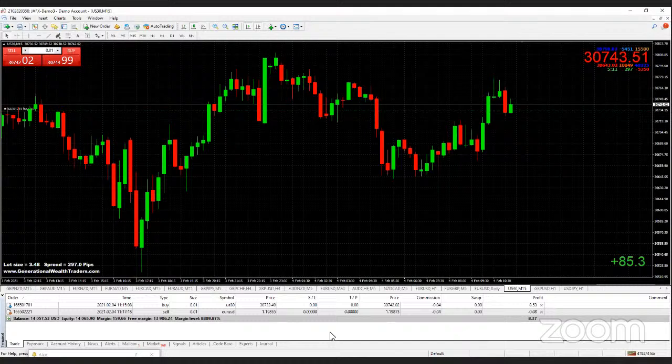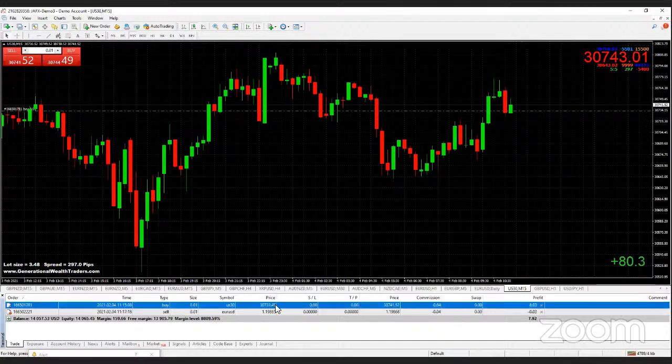Let's do this. So that is the current price now. You can see that is changing. Let me just highlight that row. So there are 2 rows here, because I've entered 2 trades. There is the one for the US 30, which is highlighted.